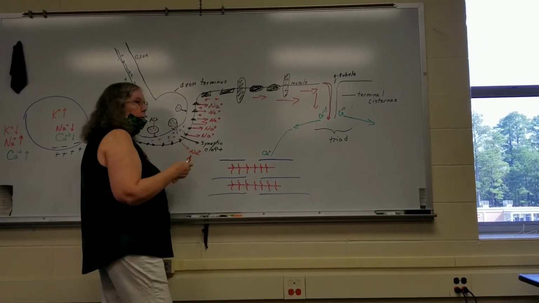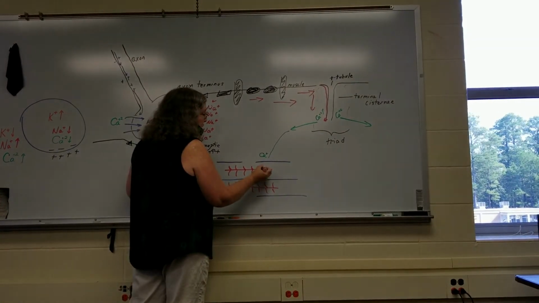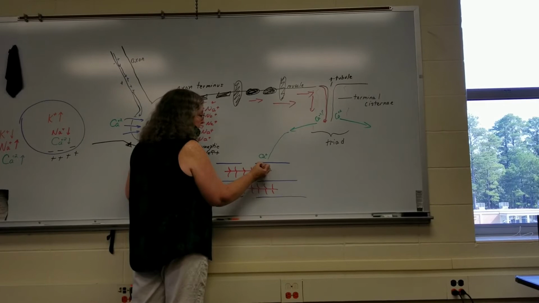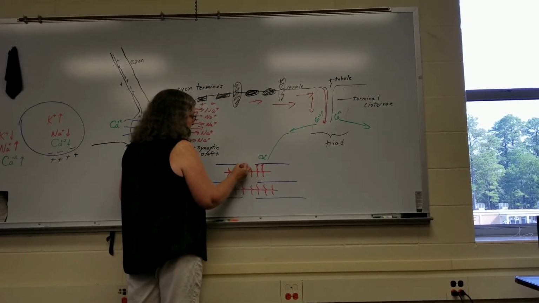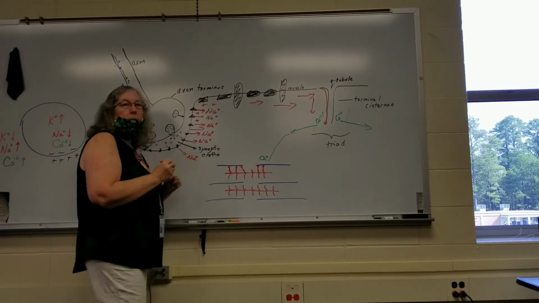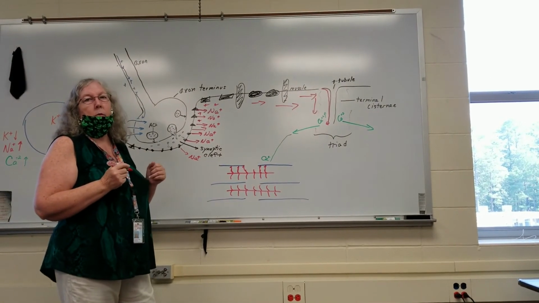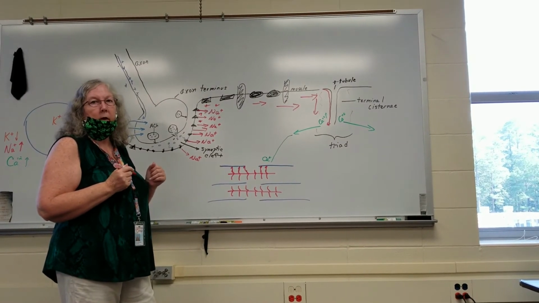So now, remember the myosin has those little heads on them, those connecting points that can now bind to the actin. Why didn't it bind before? Because it was covered up. Why is it now uncovered and exposed? Because the calcium moved, was the trigger to move everything.